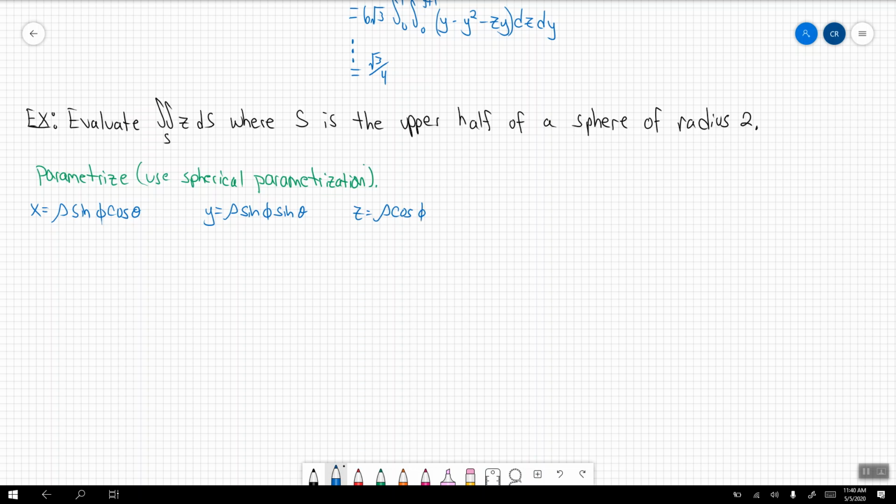But what we're given is that the radius is 2, which means we automatically get the x coordinate to be 2 sine phi cosine theta. We get the y value to be 2 sine phi sine theta, and we get z to be 2 cosine phi. There we are. So it's looking pretty good so far.